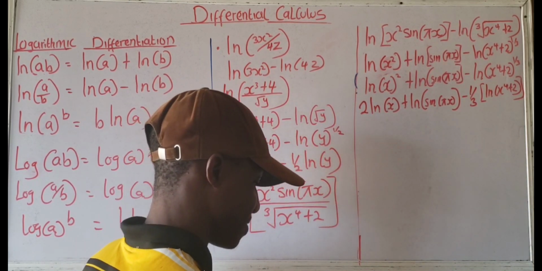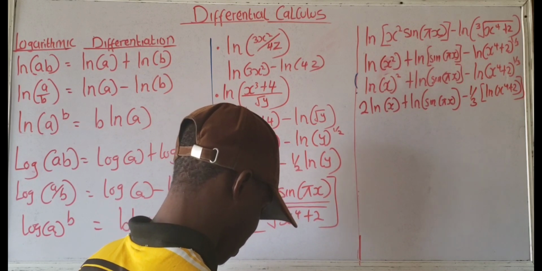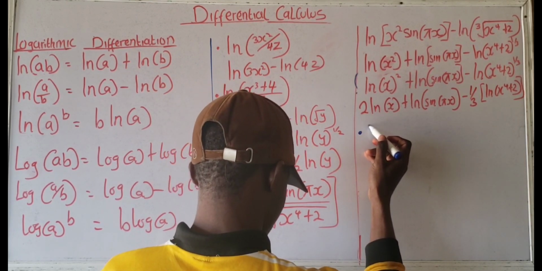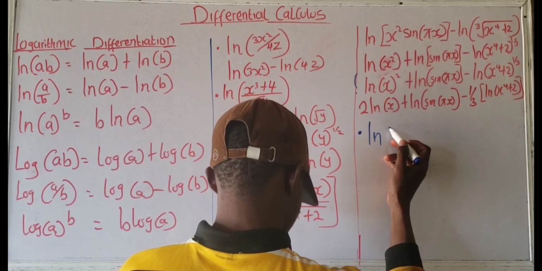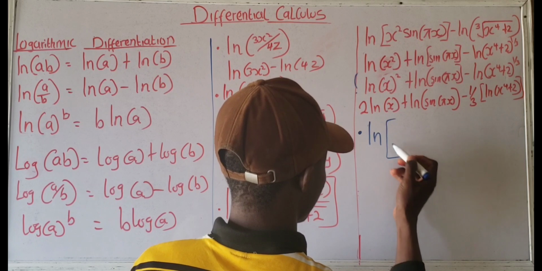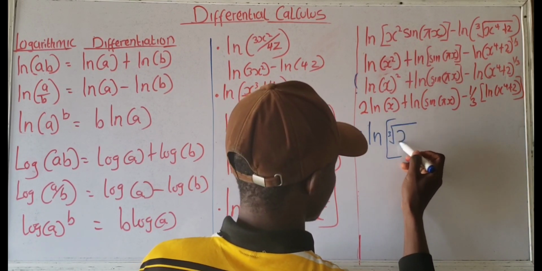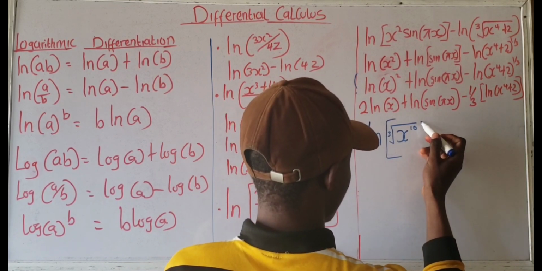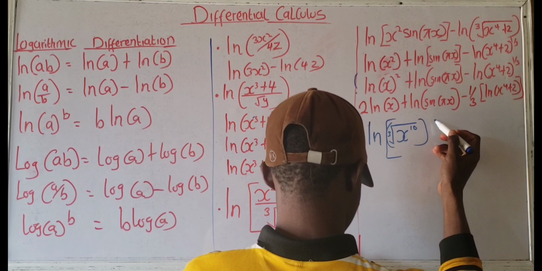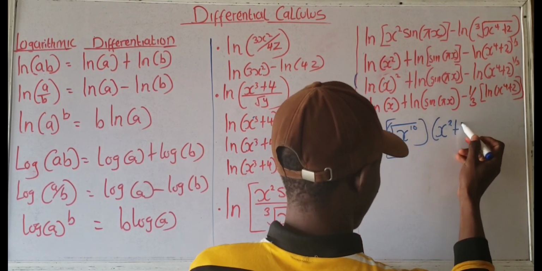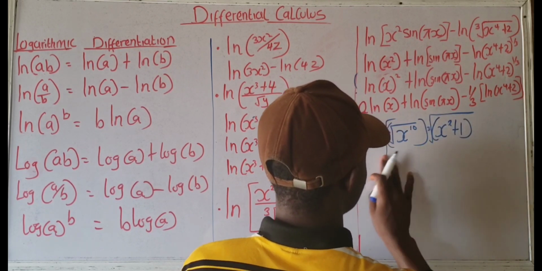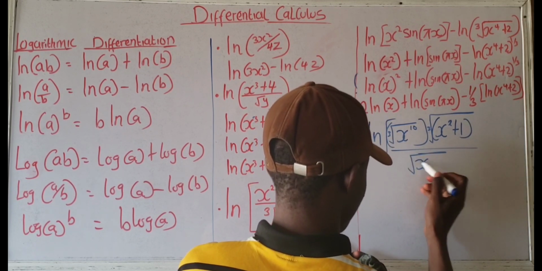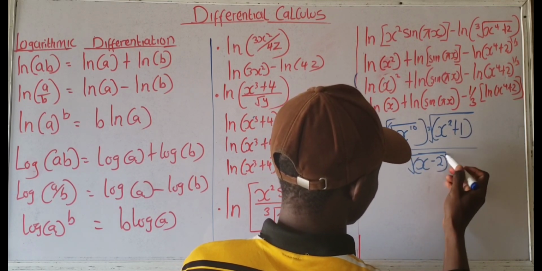Let's say you're asked to expand, I'm just trying to form the question here, ln of the cube root of x raised to the power of 10 multiplied by the cube root of x squared plus 1, all over the cube root of x, the cube root of x minus 2 raised to the power of 2. How do you expand this?